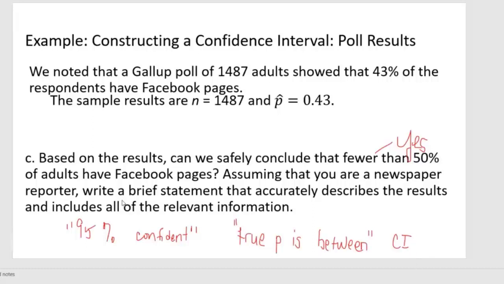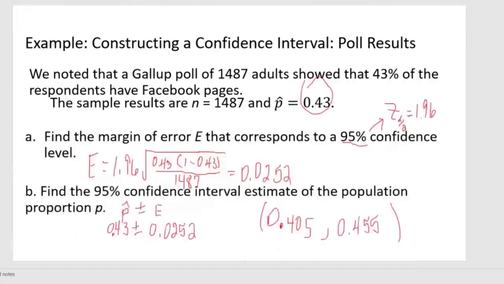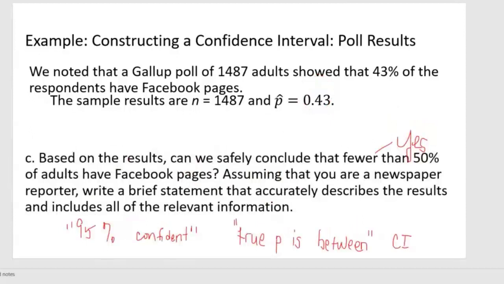We could also use a little bit more information on there. That error is how far off we may be, and so that's approximately 2.5%. We don't expect our proportion to be off more than 2.5%. So there's a couple of different ways we could say that.